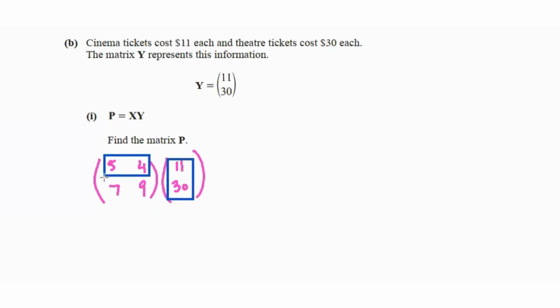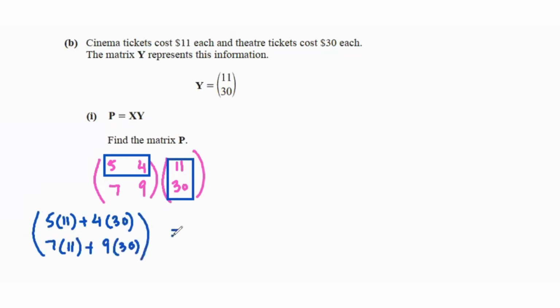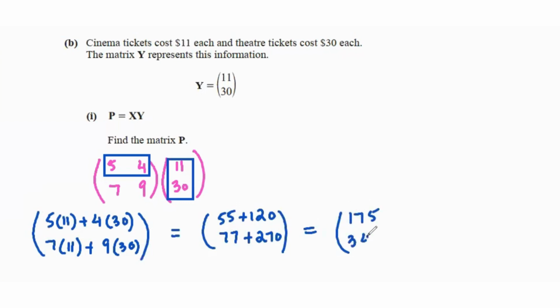Then we repeat the same steps with the second row multiplied with the column. So it's going to be 5 times 11 plus 4 times 30. And then 7 times 11 plus 9 times 30. That's going to be 55 plus 120, 77 plus 270, which is equal to 175 and 347. That's your matrix P.